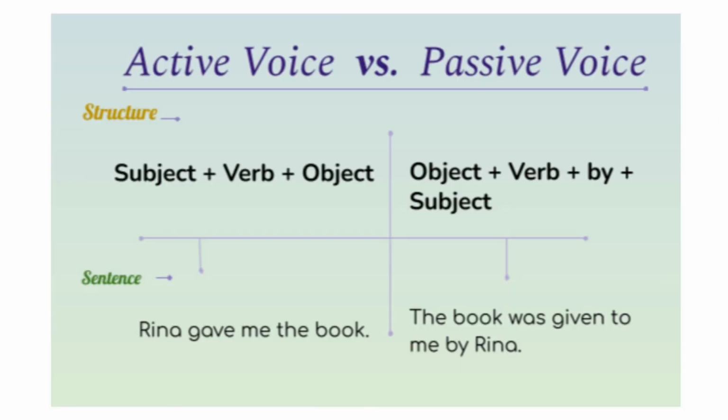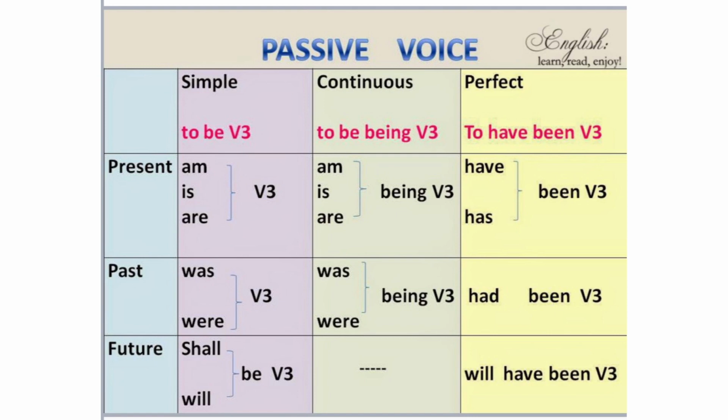Now moving forward to active and passive voice, there is a meager difference between them. Active voice is all the tenses that we learned, that is subject, verb, object, and for passive voice, you just do a cross and swap the subject and object. And these are a few rules. If you want, you can take a note down.